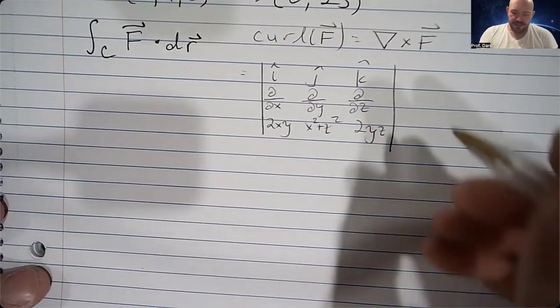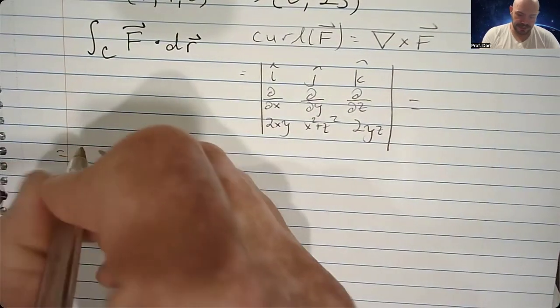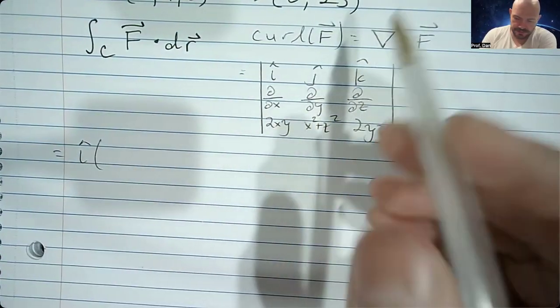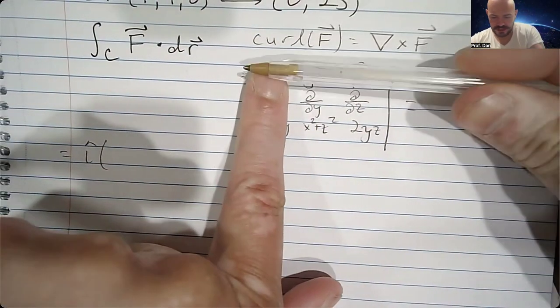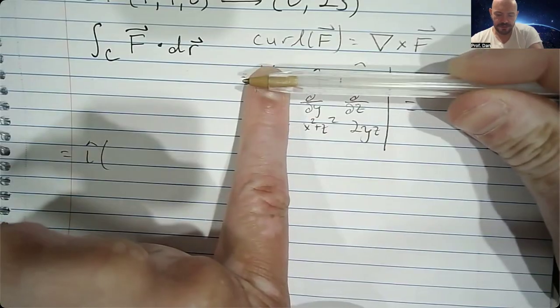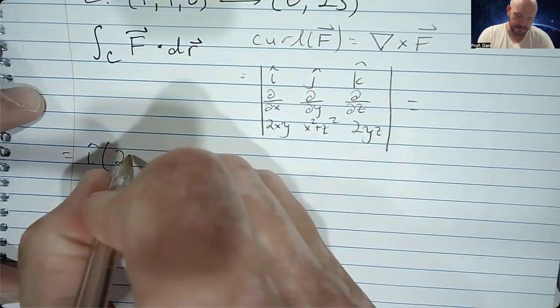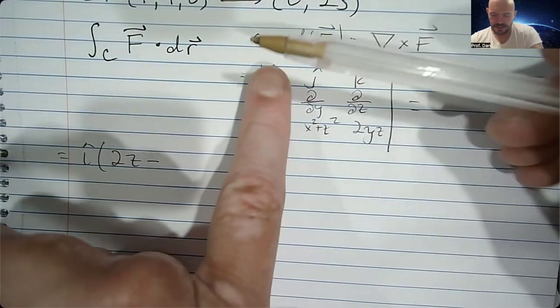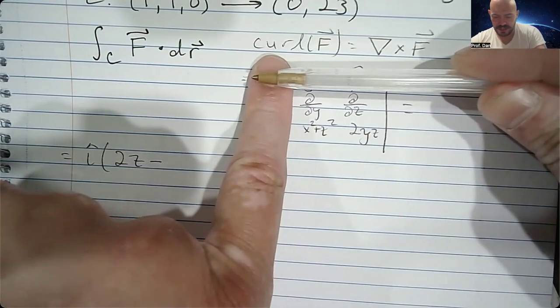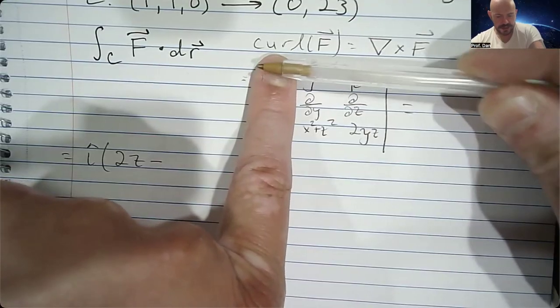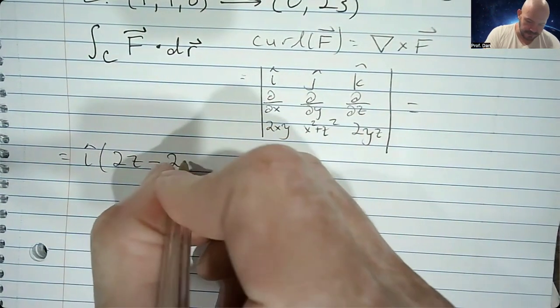Writing this out, we get our i component for the curl. That's the partial with respect to y of 2yz, which is 2z, minus the partial with respect to z of x squared plus z squared. x squared will go away, z squared will become 2z.